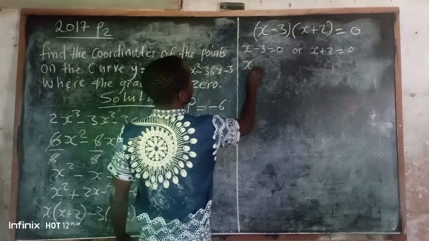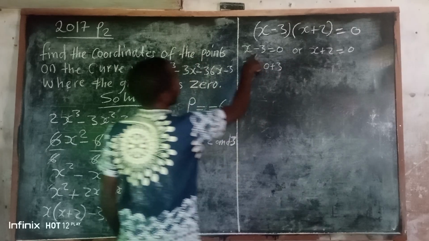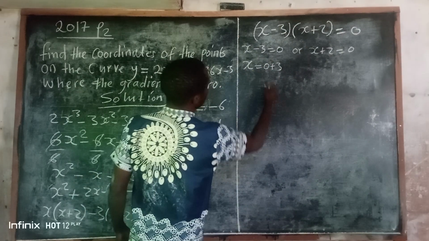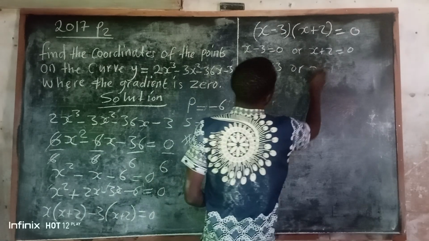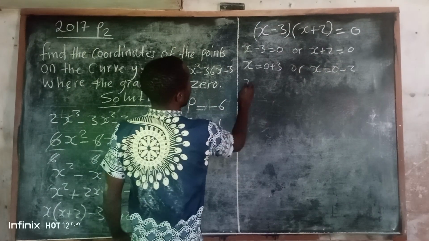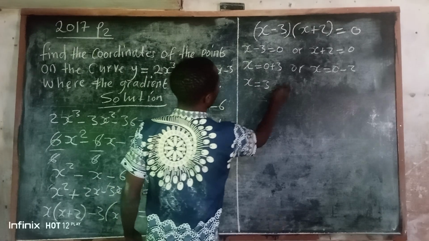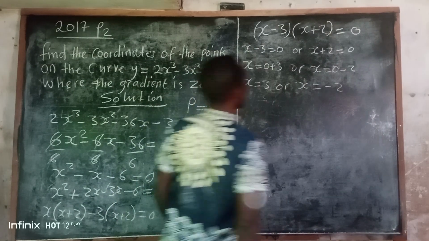So here, x equals 0 plus 3, because when this one goes to the other side, it will become positive. Or x equals 0 minus 2. So x is equal to 3, or x is equal to negative 2.